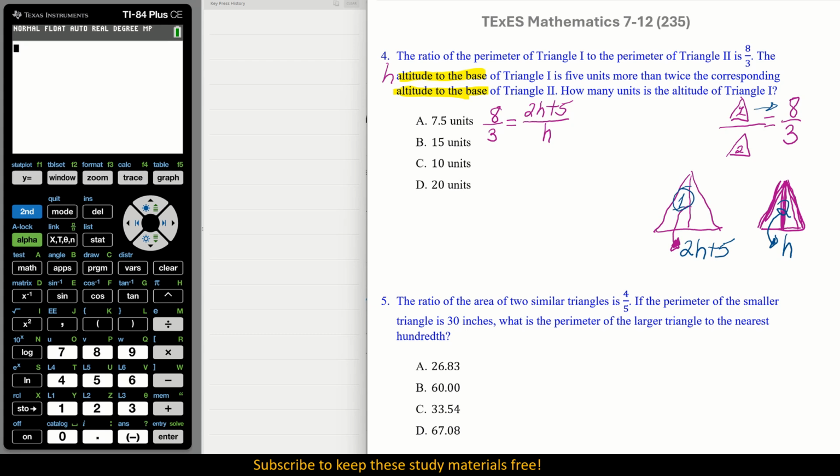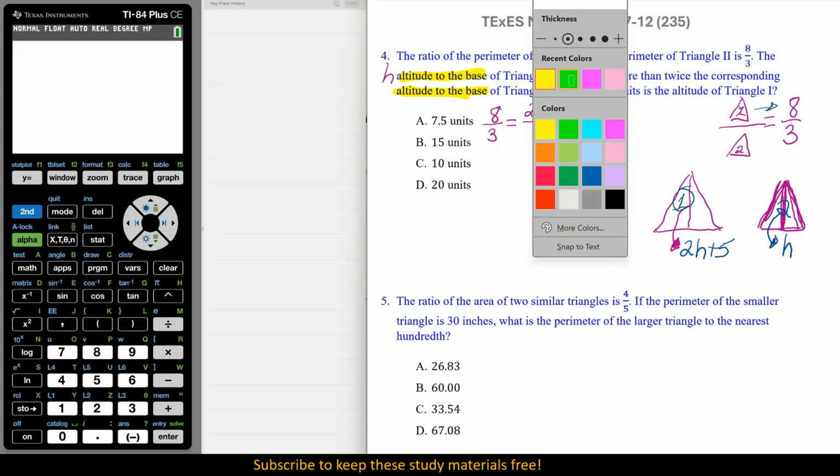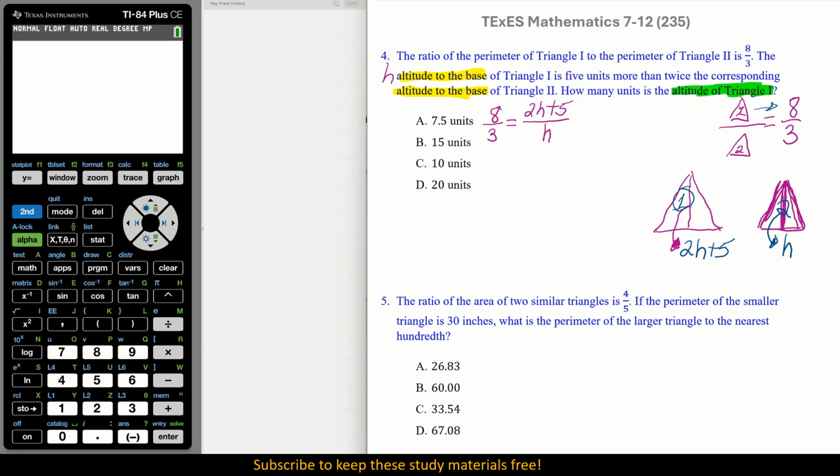Now we can actually solve for h, but be careful because they're asking, how many units is this? So we have to get our h and then plug h back in to solve for 2h plus 5. So h is not the answer, so remember that.